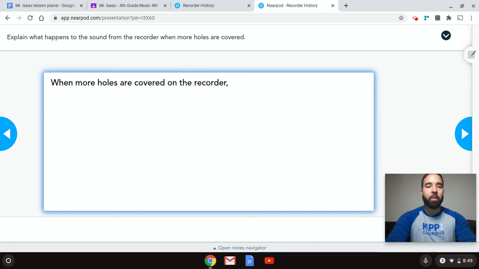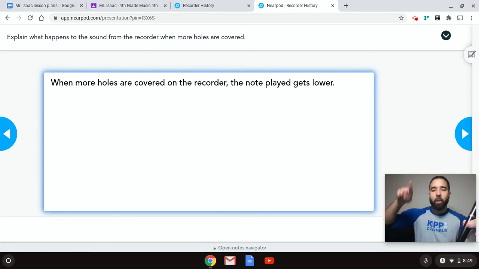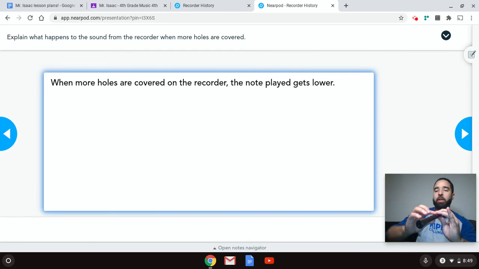When more holes are covered on the recorder, the note played gets lower. And this is because when you're playing a high pitch, the vibrations are going faster. And so there's more room for vibrations to go up and down because we're not covering these holes.